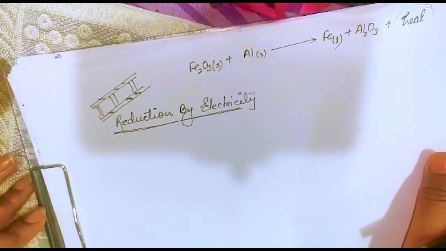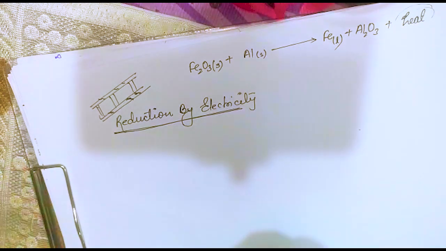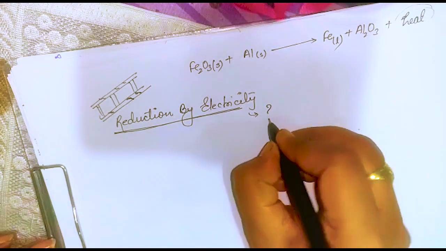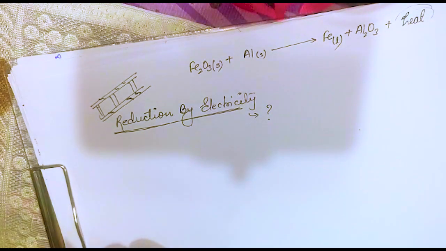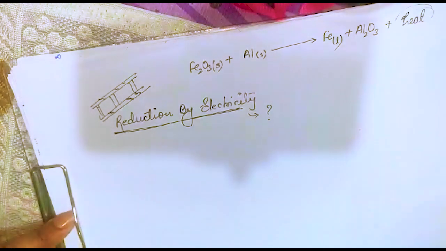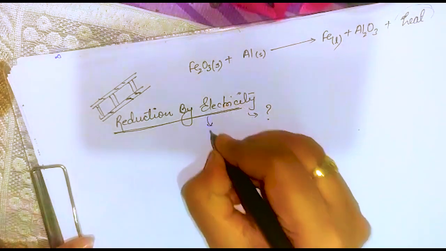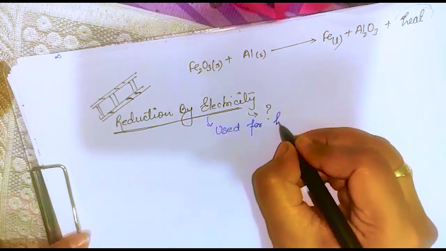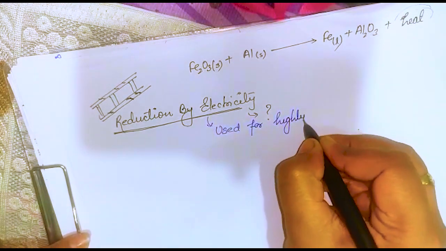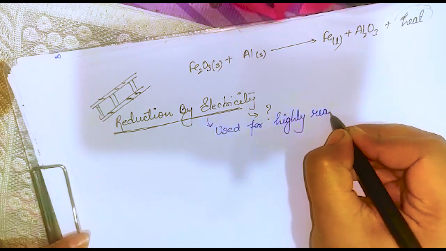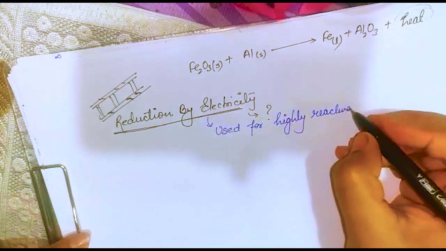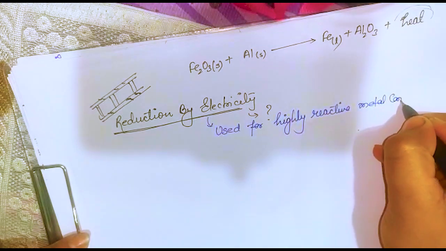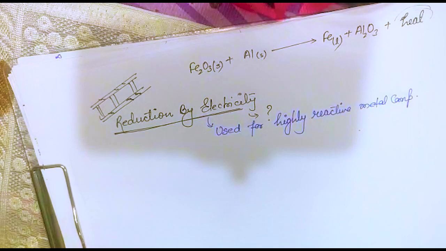Now, when would you use this electrolytic reduction? This method is used for highly reactive metals, like sodium compounds and potassium compounds.